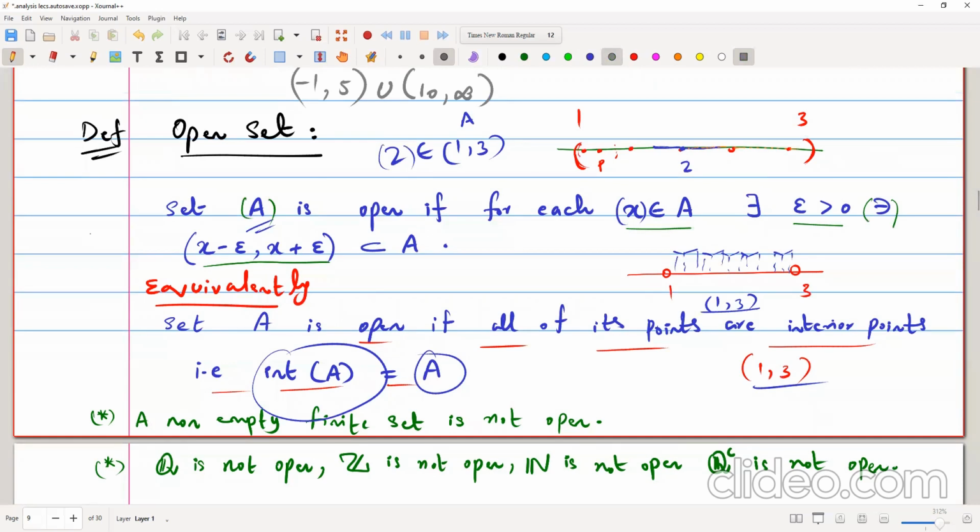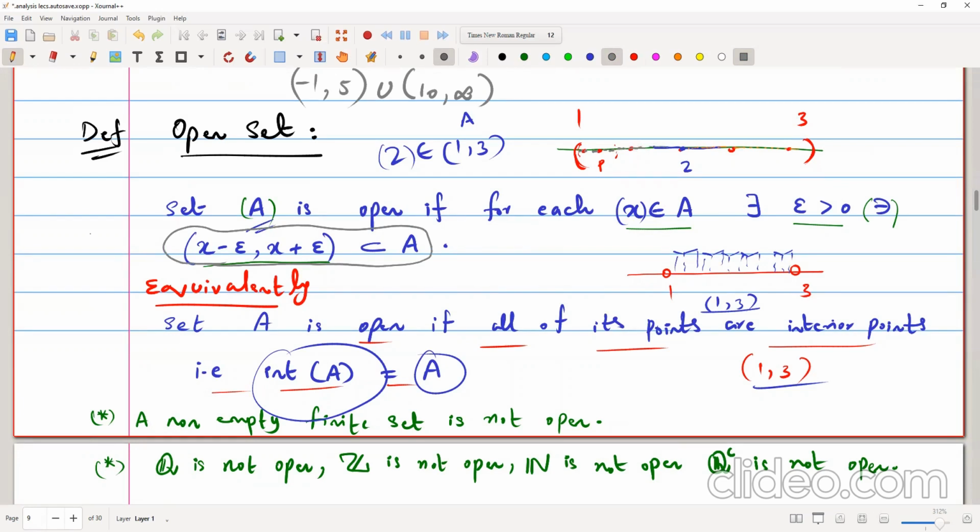From here I can move left as much as I can, but there's a restriction at 1. I cannot cross 1, nor can I stand on 1, so 1 is excluded, 3 is excluded. So all these points are contained in the set A. This is the meaning of the statement that x minus epsilon and x plus epsilon are contained in A.